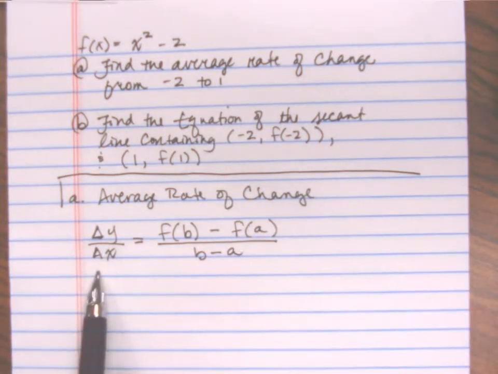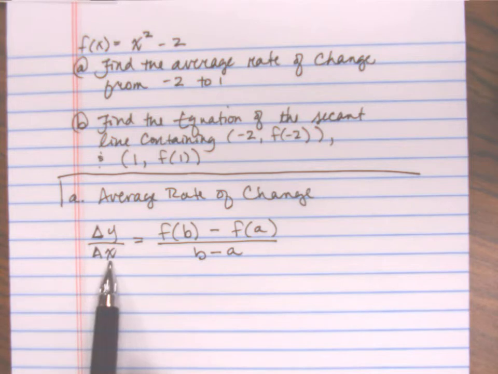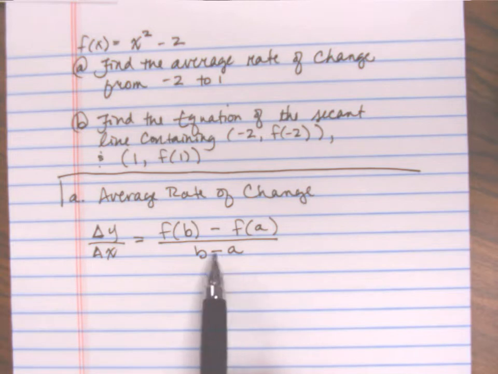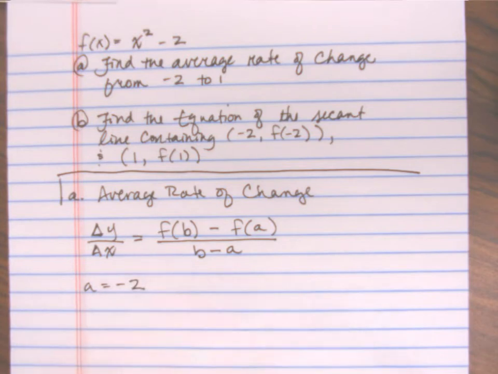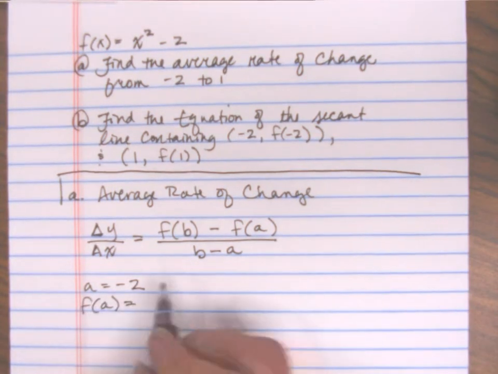Here, delta y over delta x means the change in y over the change in x. And that's what we're doing here. f of b and f of a are y values after we evaluate in our function, and b and a are just our x values that we're plugging into our function. Okay, so here, a equals -2, and f of a equals f of -2.